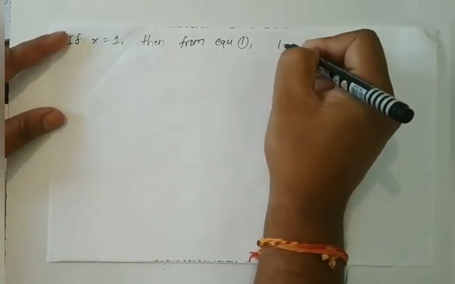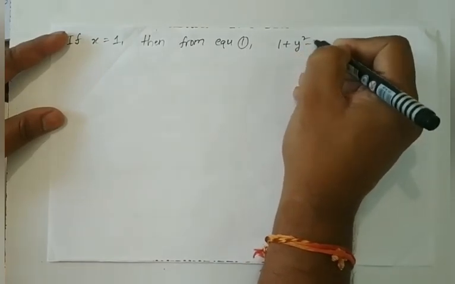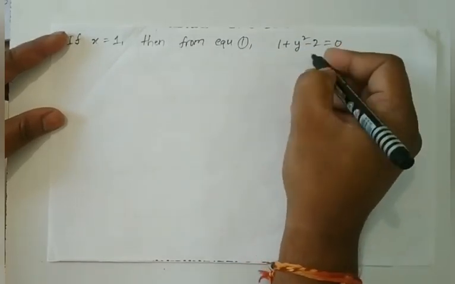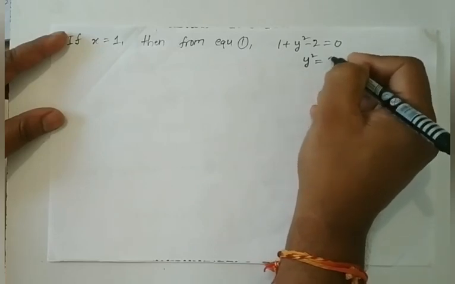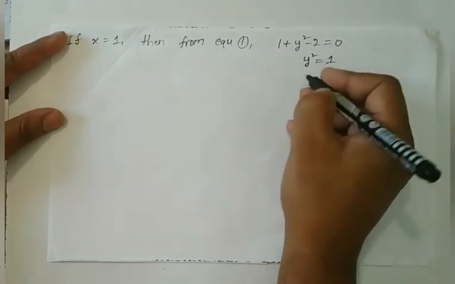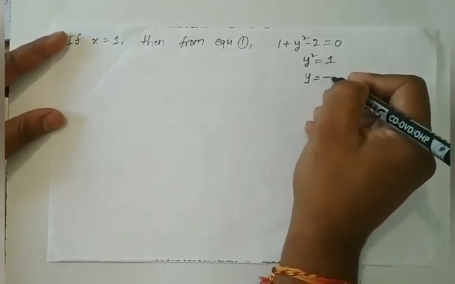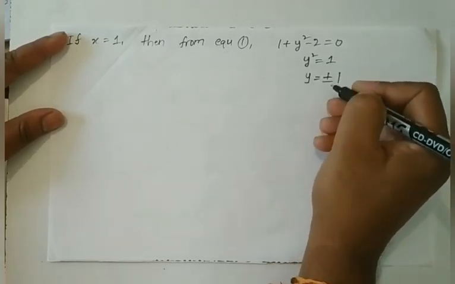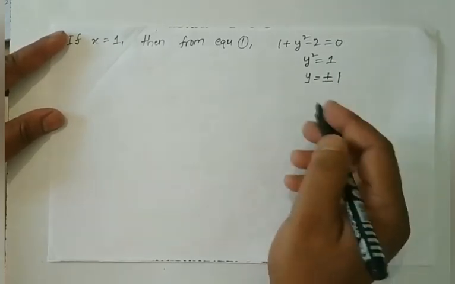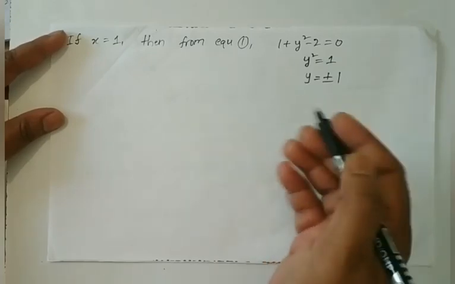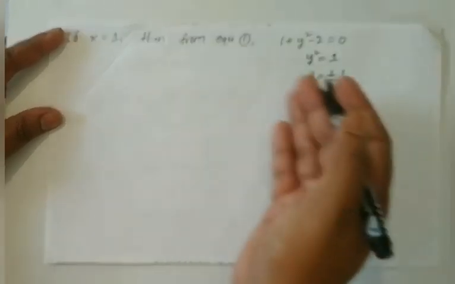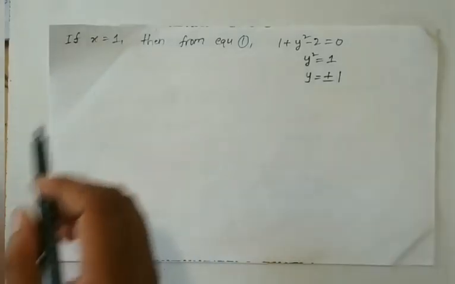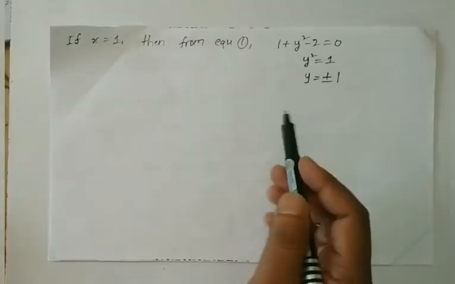That means 1 plus y square minus 2 is equal to 0, which is nothing but y square is equal to 1. Y square is equal to 1 means y is equal to plus or minus 1, not y is equal to 1. Please remember that point. Now tell me, what are the possible points here? If x is equal to 1, then y is equal to plus or minus 1.